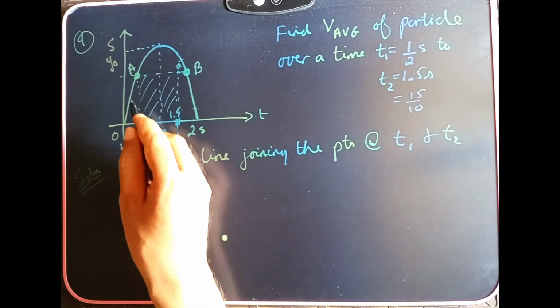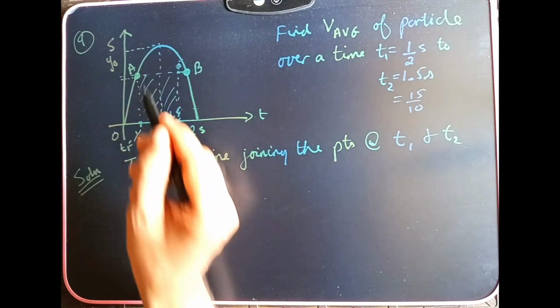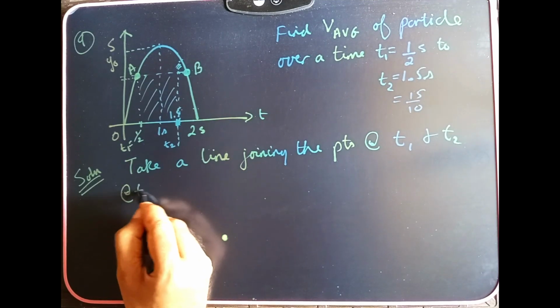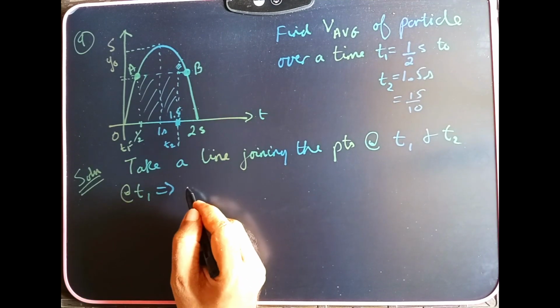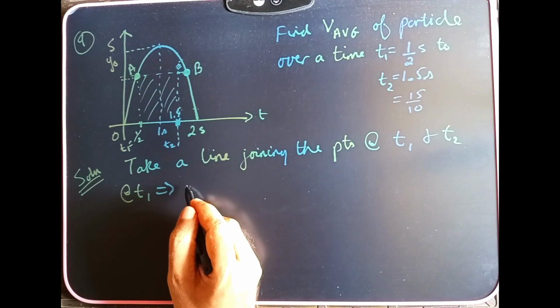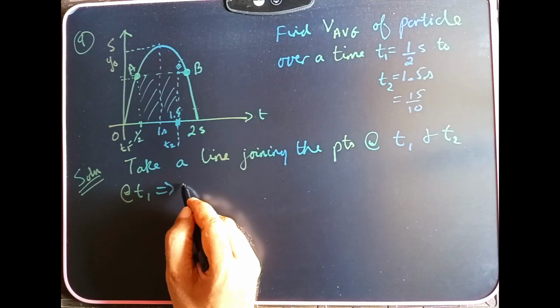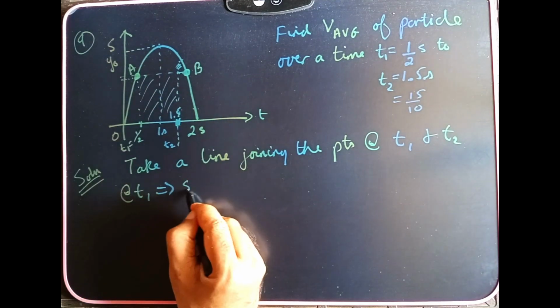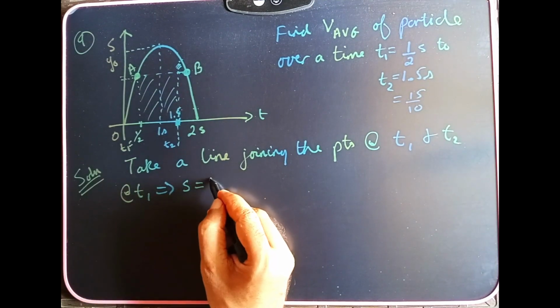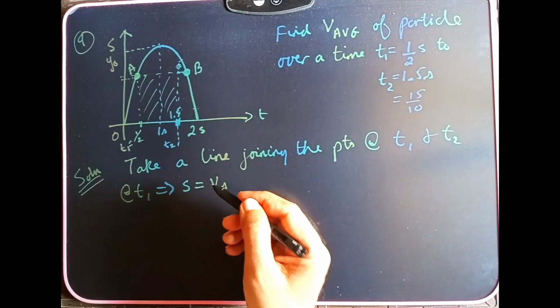So we know at T1, what will be the value of s? On the s axis, s will be some value. Let's assume it is Va.